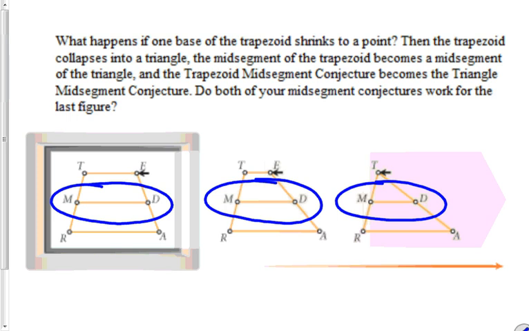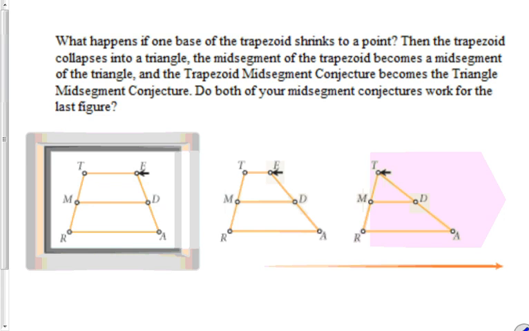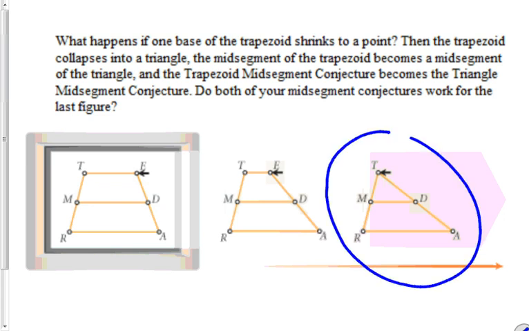We see this happening. Now the question is, do both conjectures, the trapezoid midsegment conjecture and the triangle midsegment conjecture, both apply to this last figure? And the answer is yes.